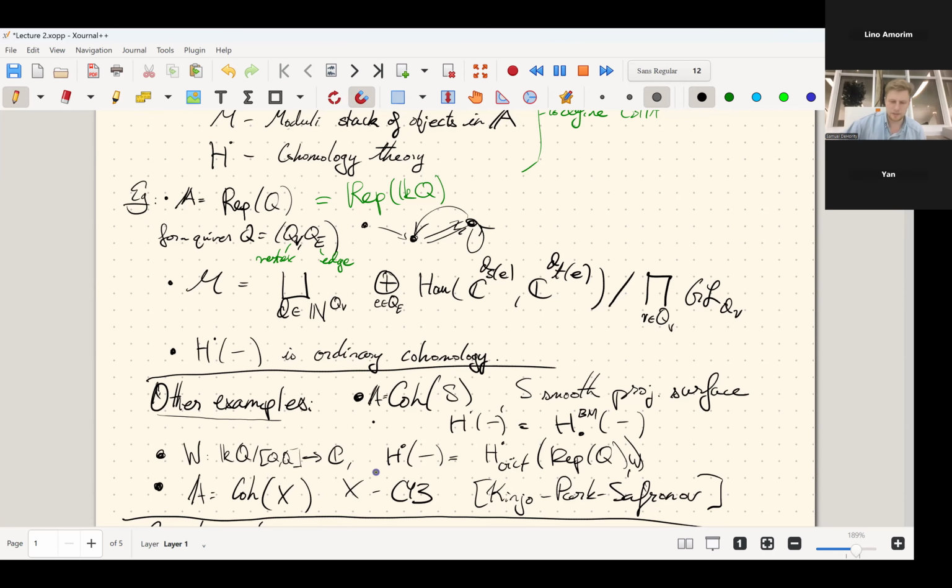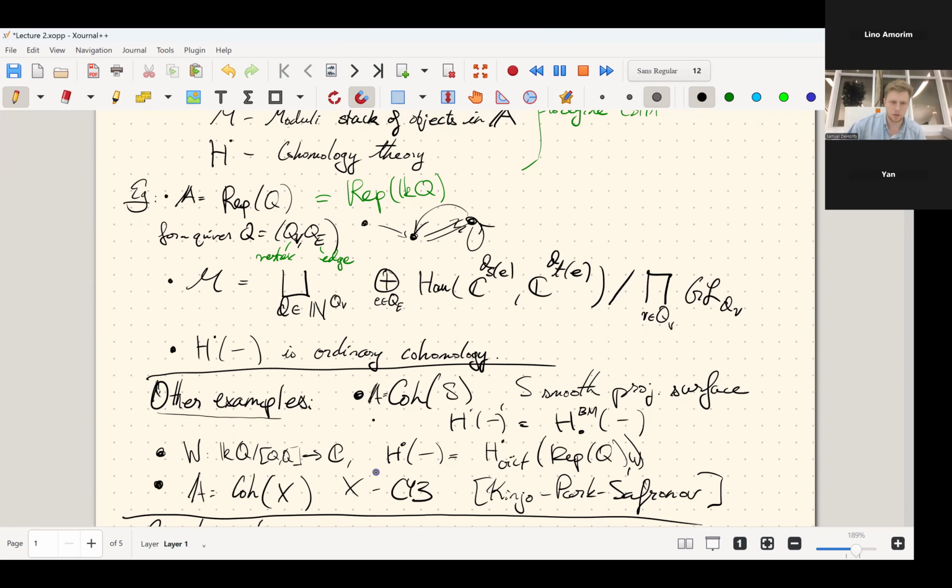Another important class of examples is when our quiver comes with a potential. So if we have some element W of the path algebra, some function that we take up to terms that vanish upon taking a trace, then trace W is a function.